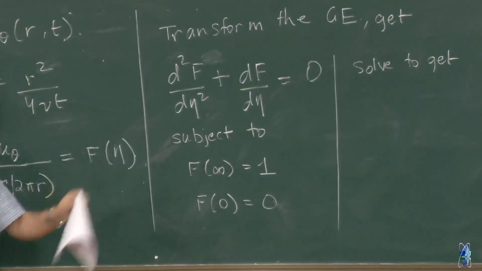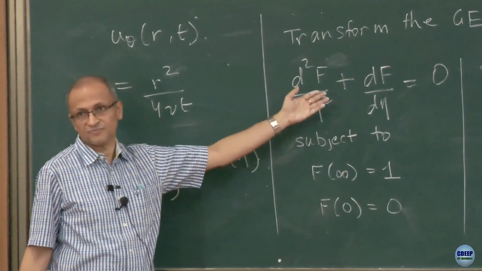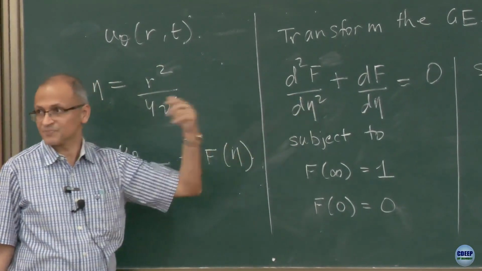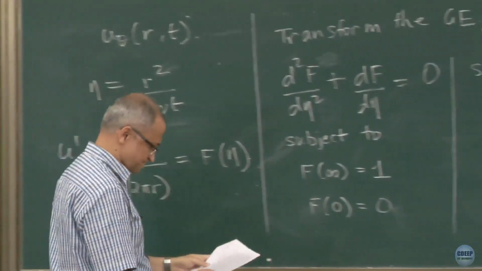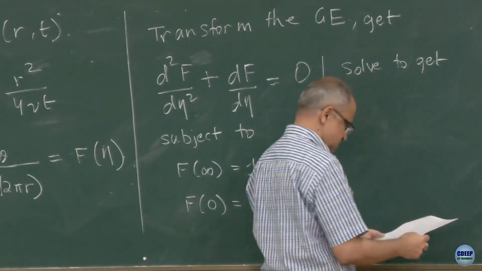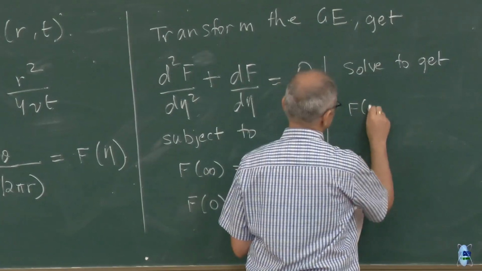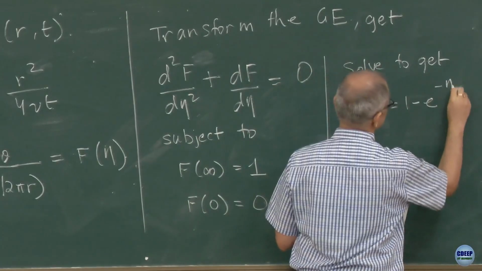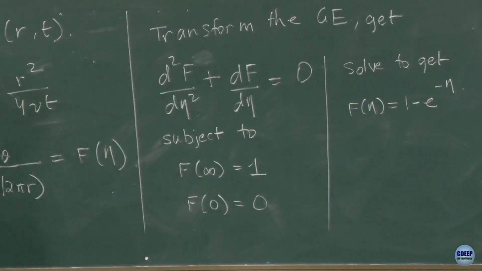Constant coefficient type of ODE, readily exponential of lambda eta, whatever the variable is that you can choose, and you can very easily get a solution for this. So you get an exponential solution, and we get f eta is equal to 1 minus exponential of minus eta. That's all the solution is, which will satisfy these two boundary conditions.